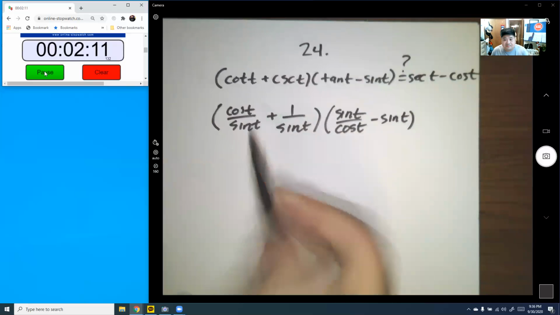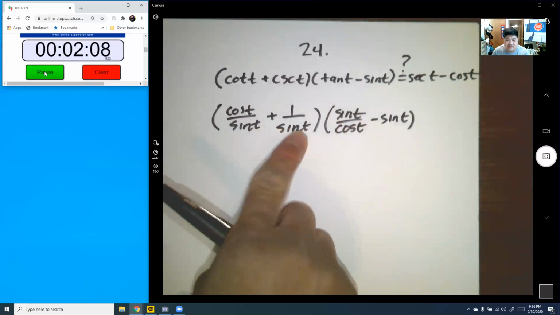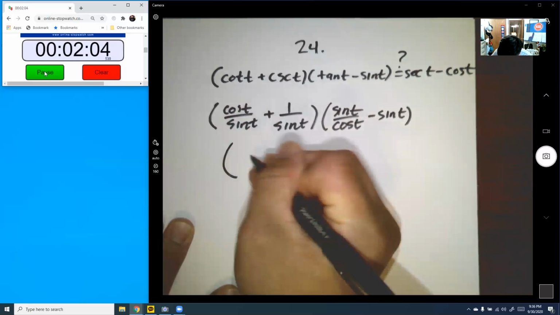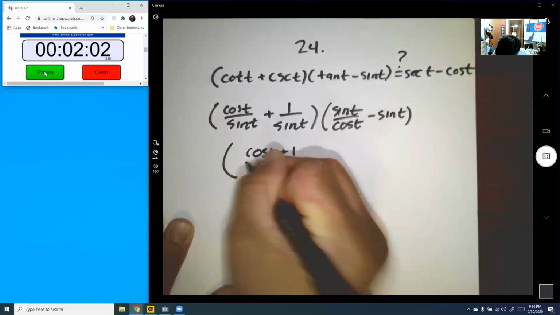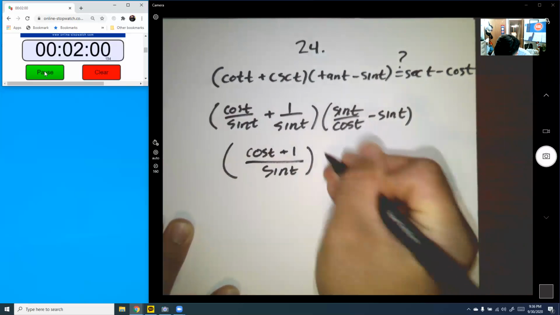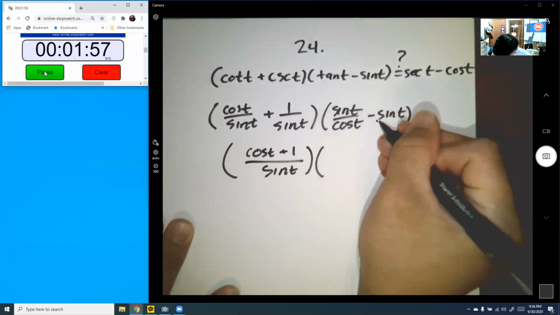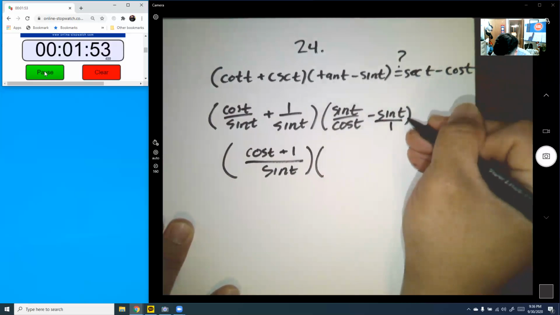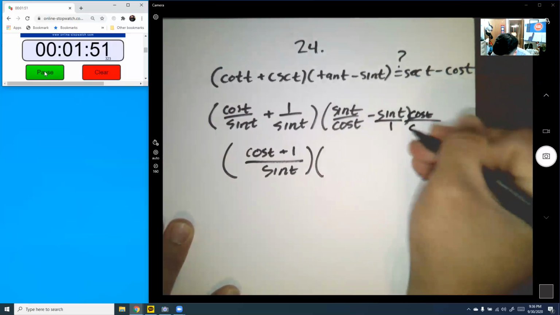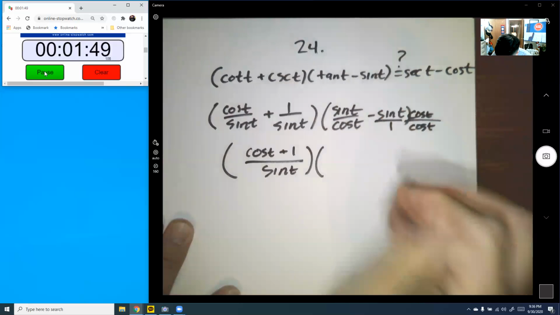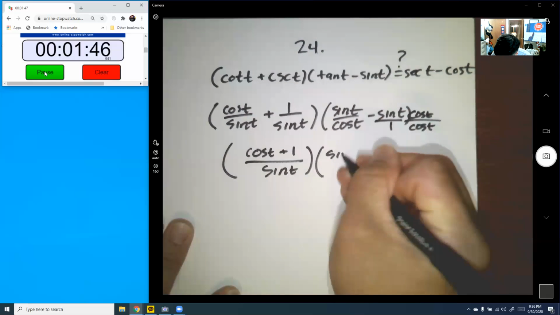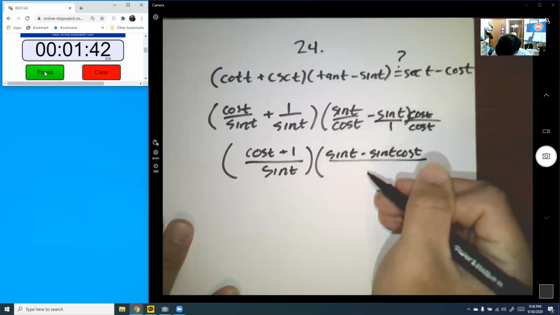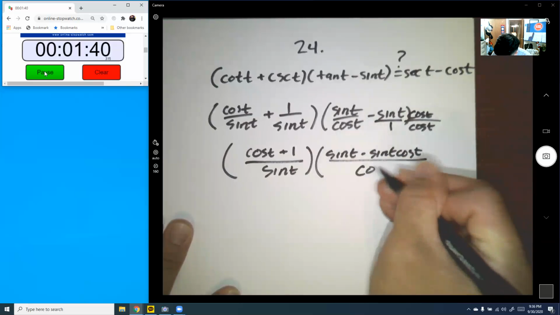Here there's a common denominator already of sine of t, so I have cosine of t plus 1 all over sine of t. And then here, I multiply by cosine of t over cosine of t, because that's 1. So I have sine of t minus sine t cosine t all over cosine of t.